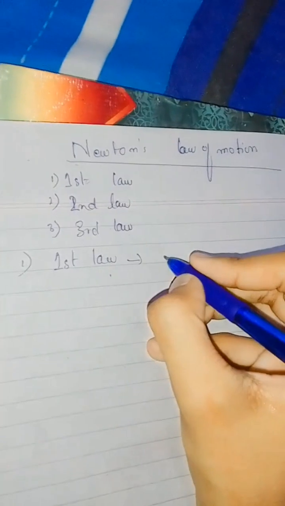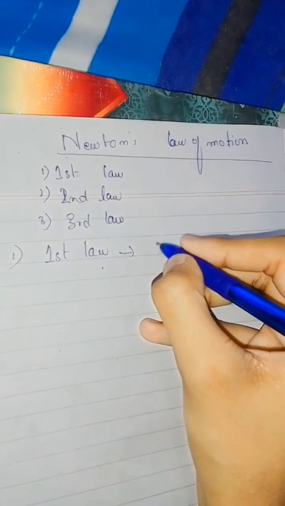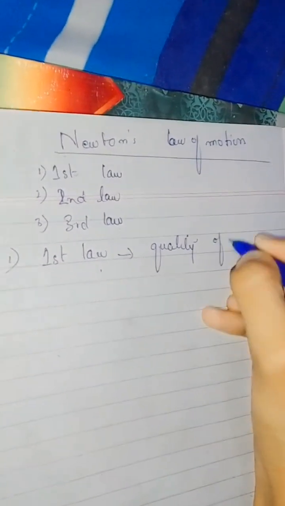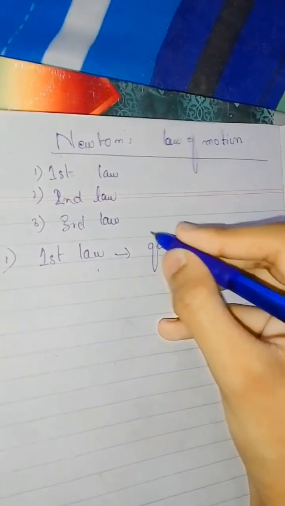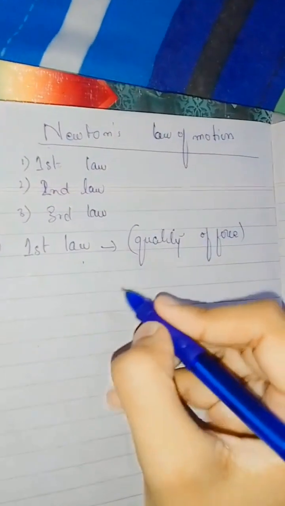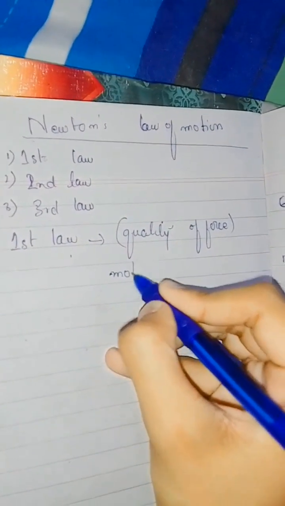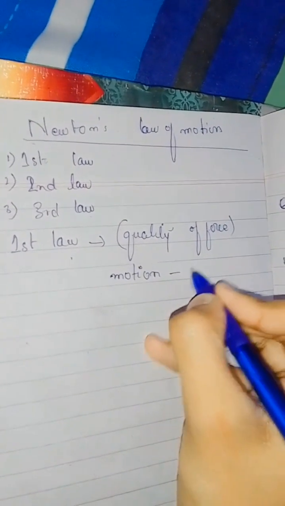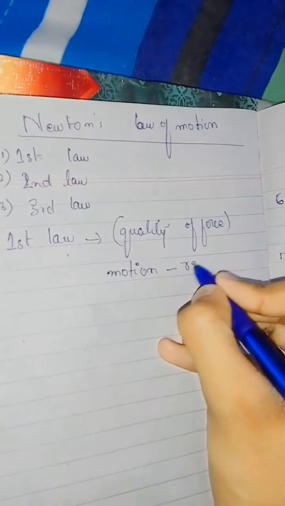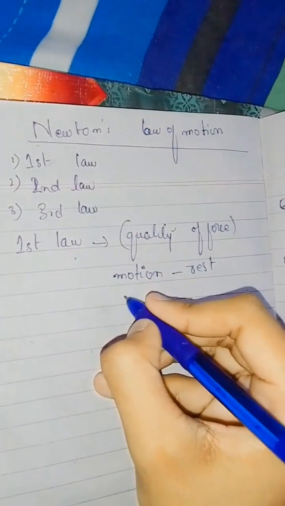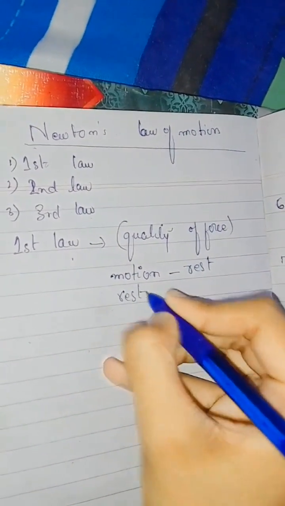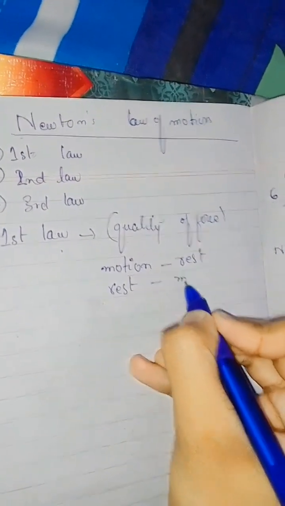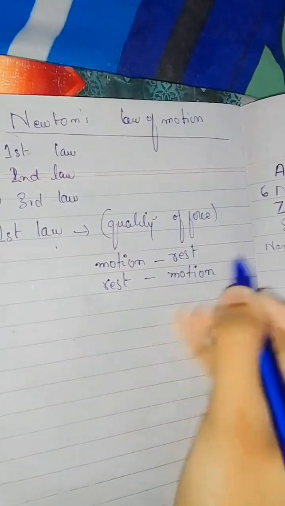The first law basically tells about the quality of the force. What does it mean? For example, if a body is in motion and an external force is applied on it, the body will come to rest. And if a body is at rest and an external force is applied on it, the body will convert into motion, meaning it will start moving.